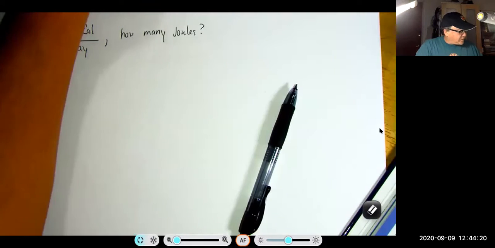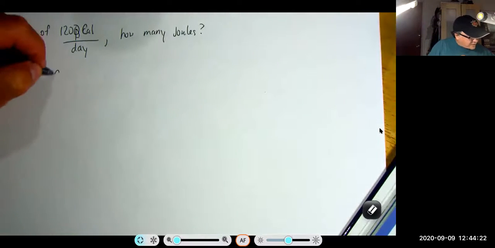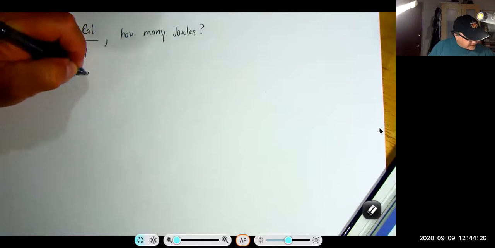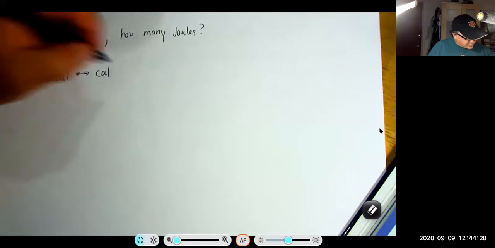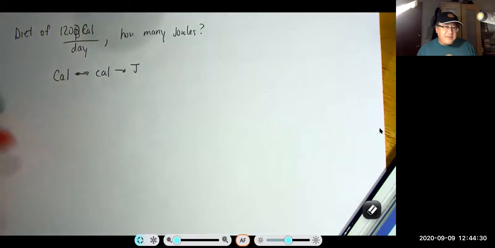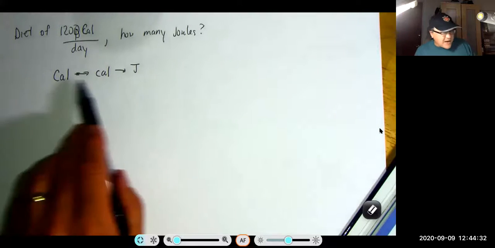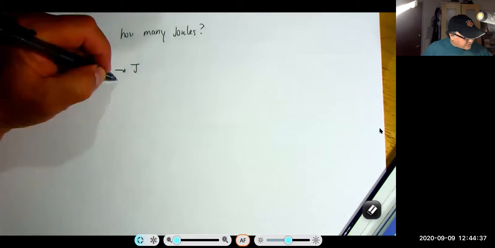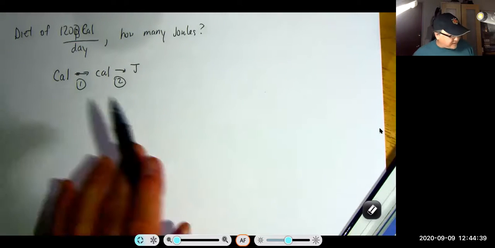All right. So we're going to take our food calorie and turn it into chemical calories and turn that into joules. So you see me doing this quite a bit where I map out what I'm going to be doing. And for these maps, I also like to get the conversions for each one of these transitions.